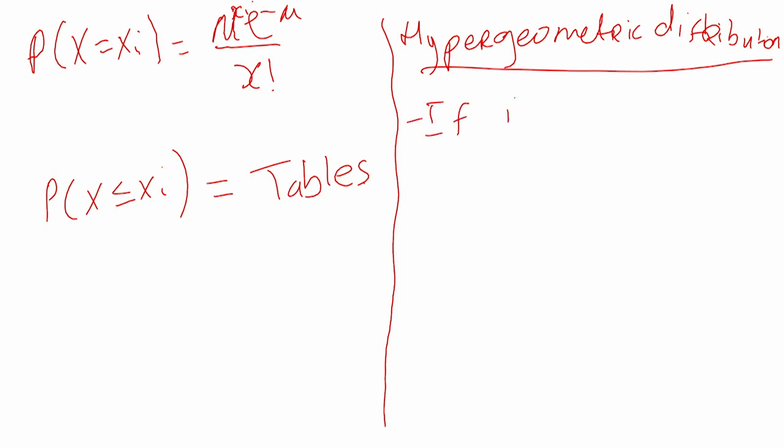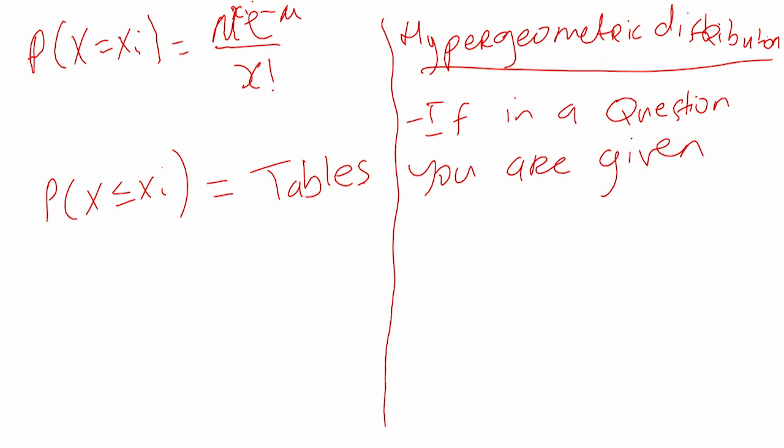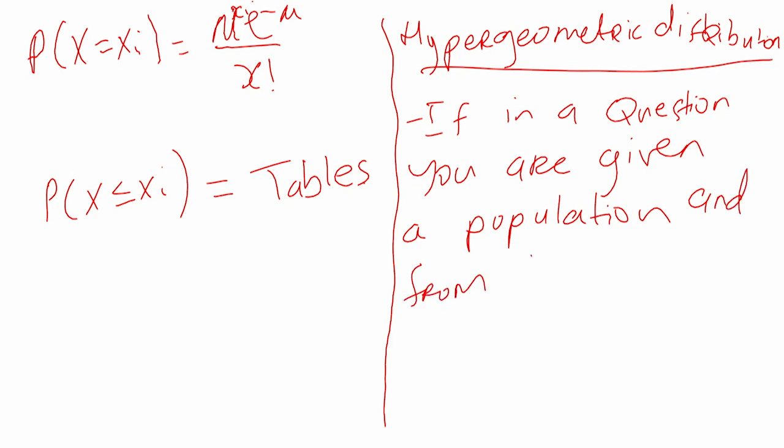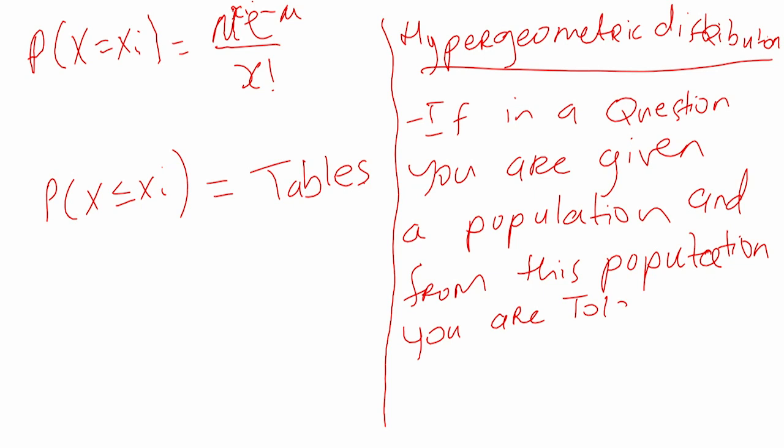If in a question you are given a population, no probability, just a population, and from this population you are told about multiple samples, right?